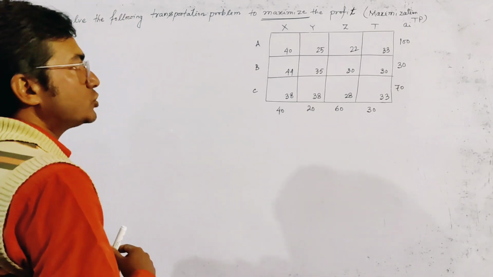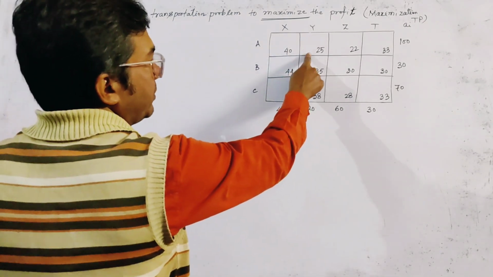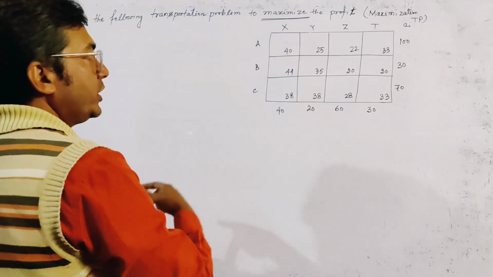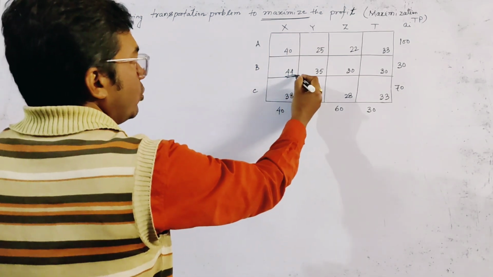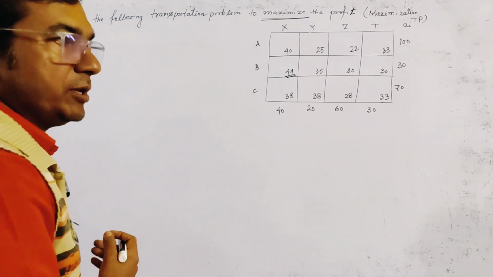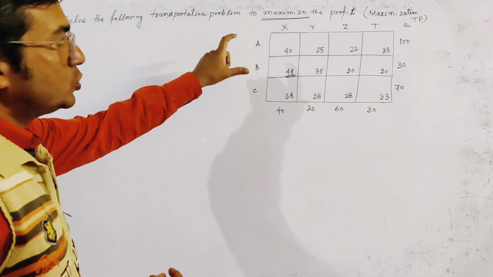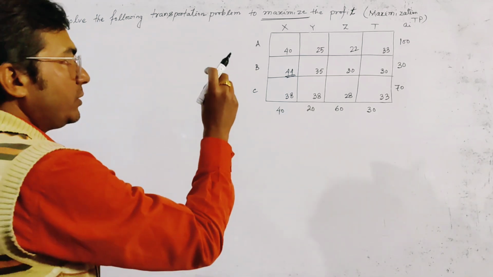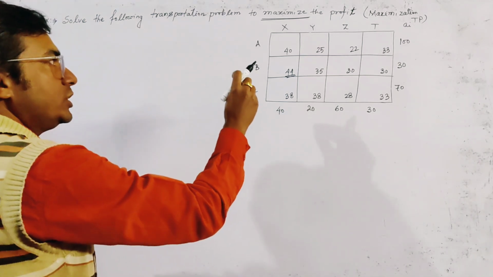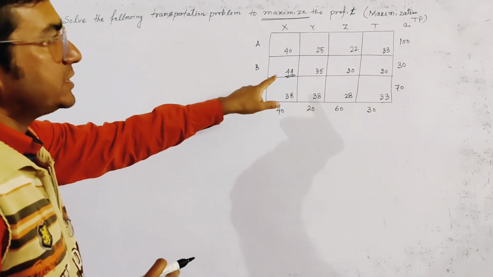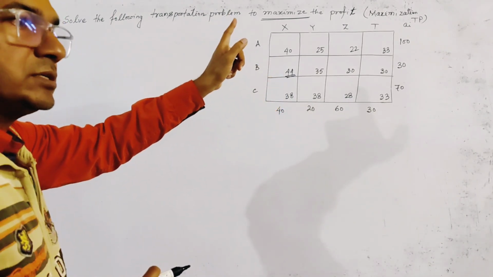Clearly the cost coefficients are 40, 25, 22, 33 and so on. Clearly we find that 44 is the maximum cost of the table. So to convert it into minimization type, we first subtract all the cost coefficients from 44 and write it into the corresponding cell.